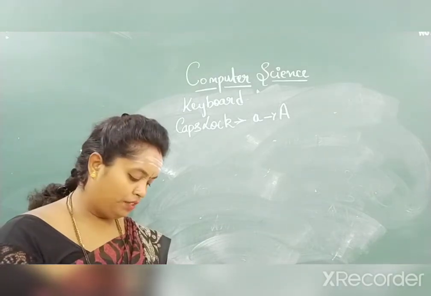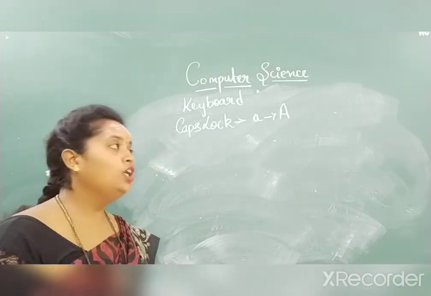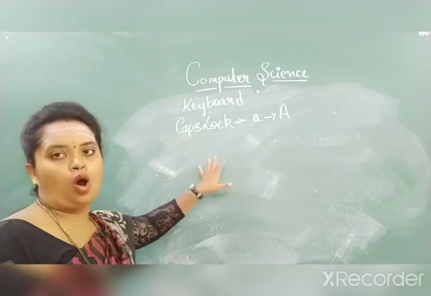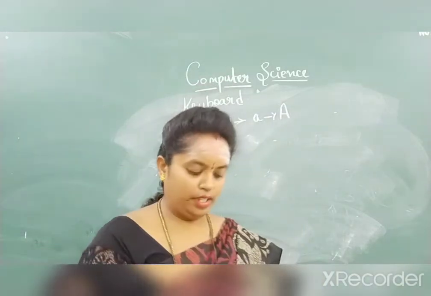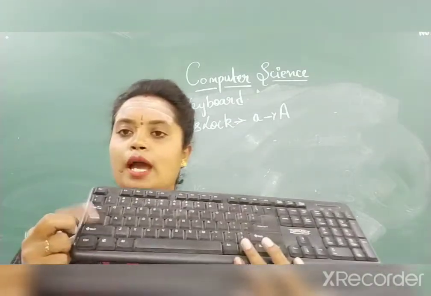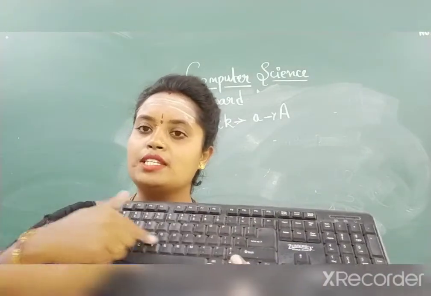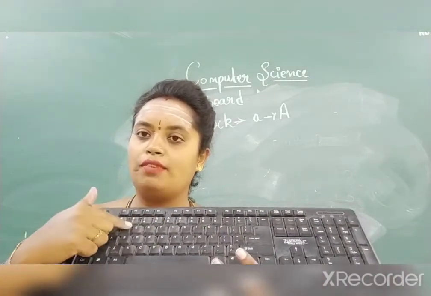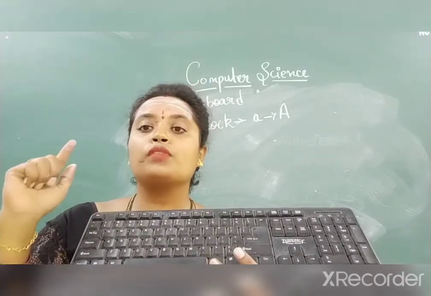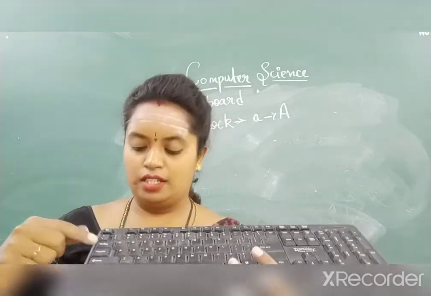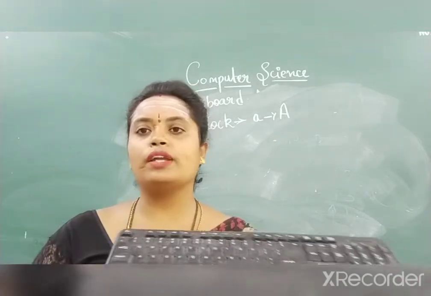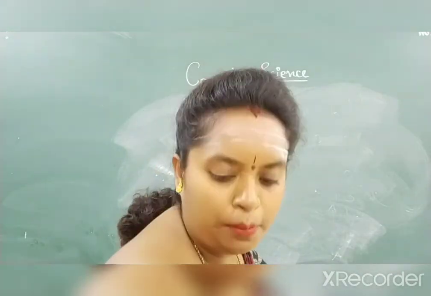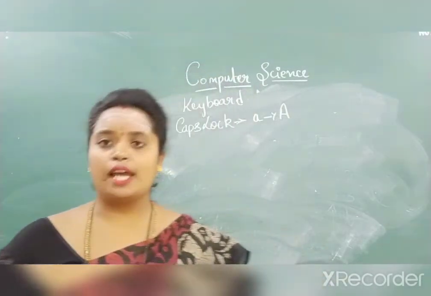That's the use of the caps lock key. You can use it for turning on and turning it off. Once you turn on the caps lock, then you can type the alphabets and you will get all in capital letters. Once you click again, you will get small letters when you type. So this is the caps lock key.